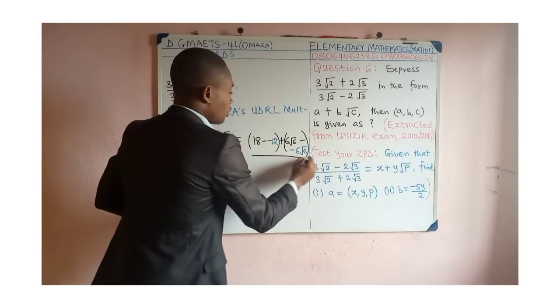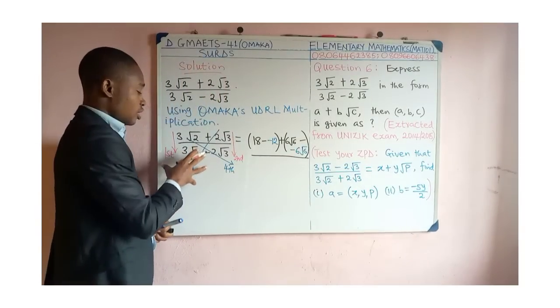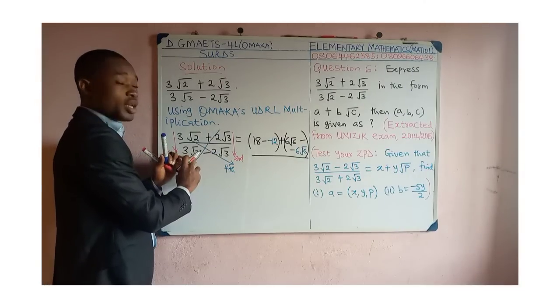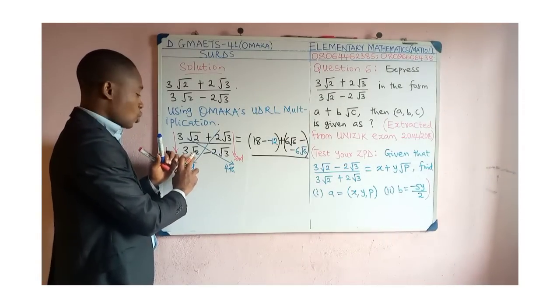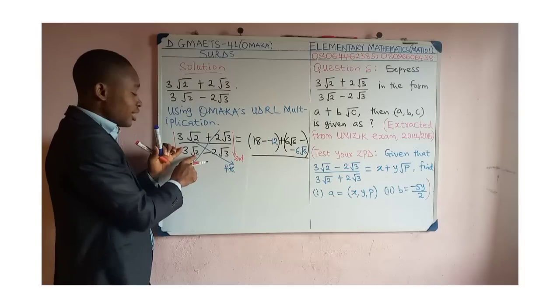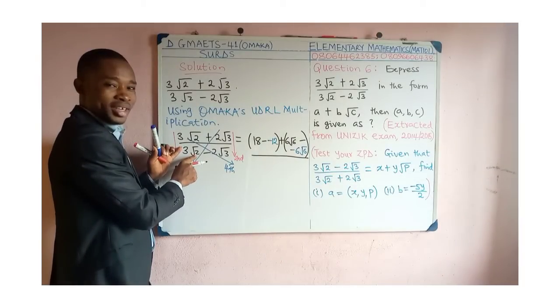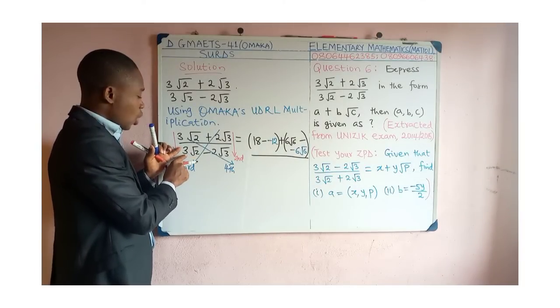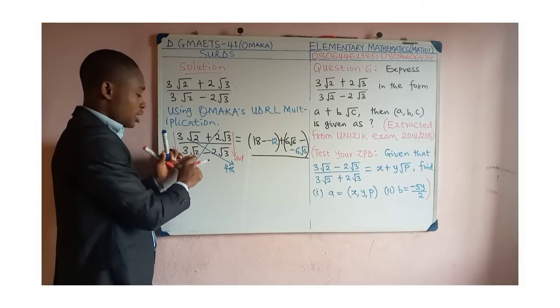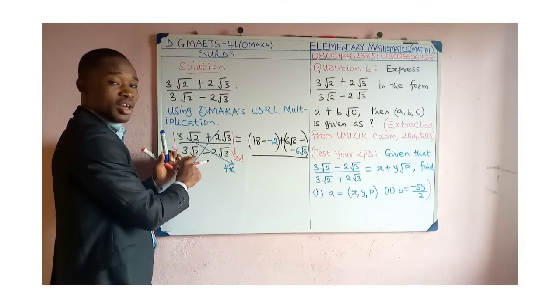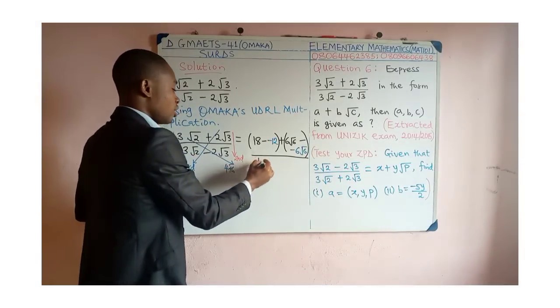Now, I'm going to divide all this by the difference of two squares in the denominator. So come over here and square this term. Okay, if you square this term, you're going to get 9 times 2. You know what that means? We've done that separately. Square this, you get 9. Square this square root will disappear, you'll be left with 2. So 9 times 2 is 18.